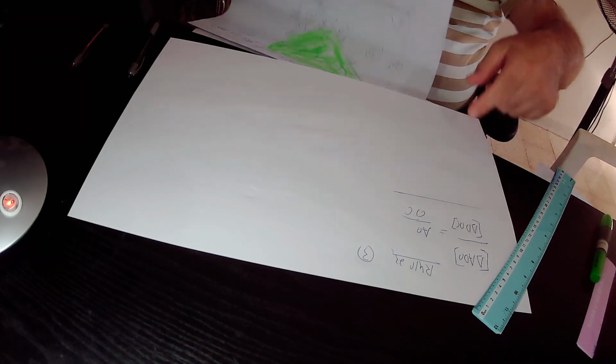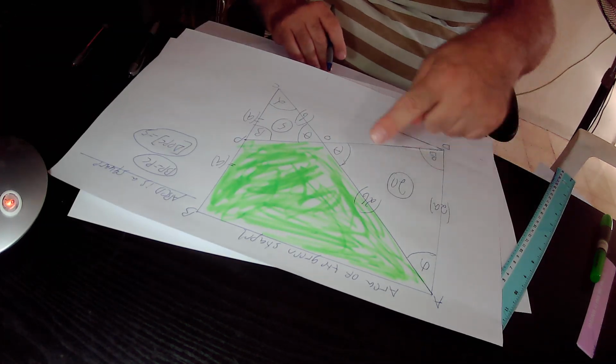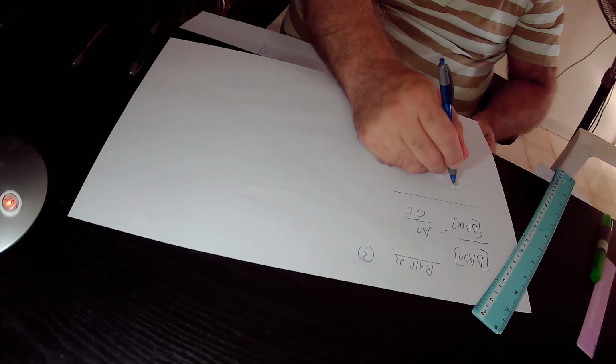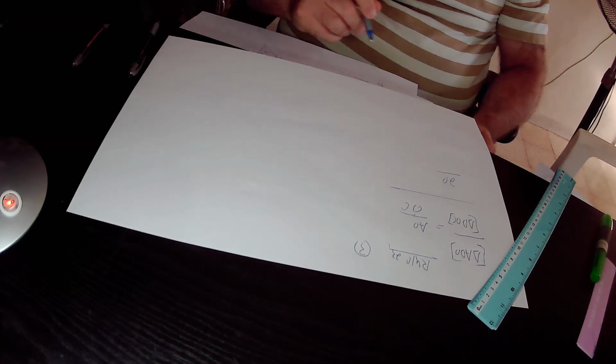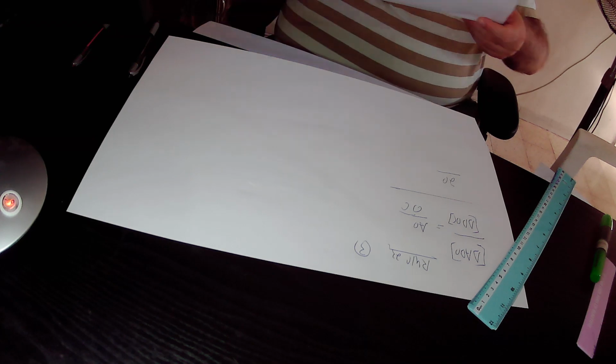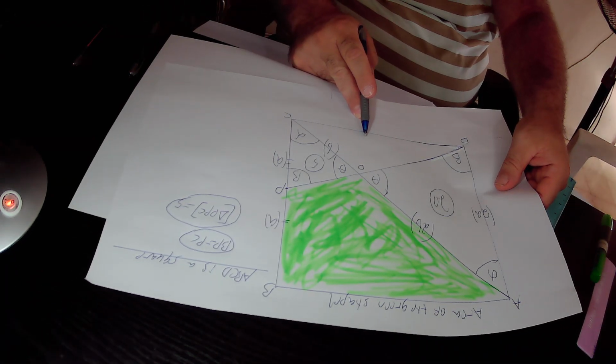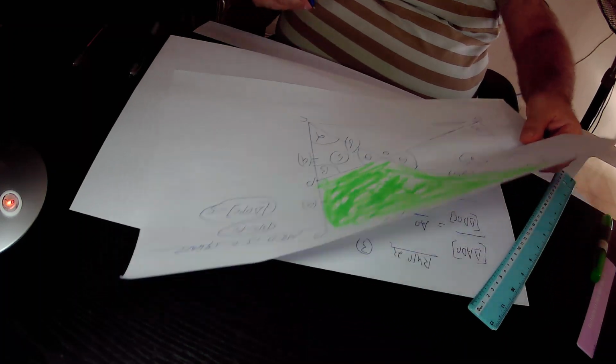The area of this triangle AOD is 20, so we write the area of triangle AOD, 20, over the area of this triangle DOC. The area of this triangle DOC is unknown, so we leave it as it is.